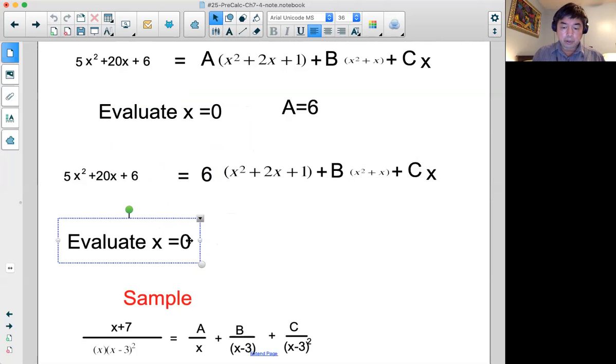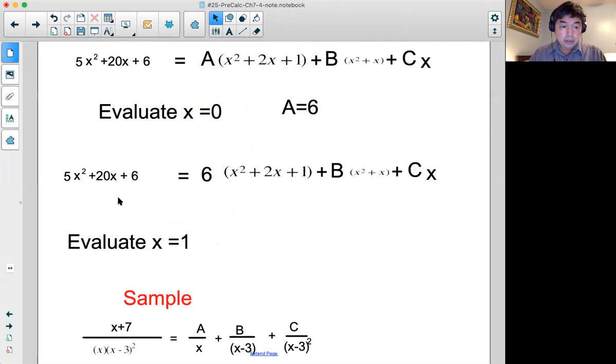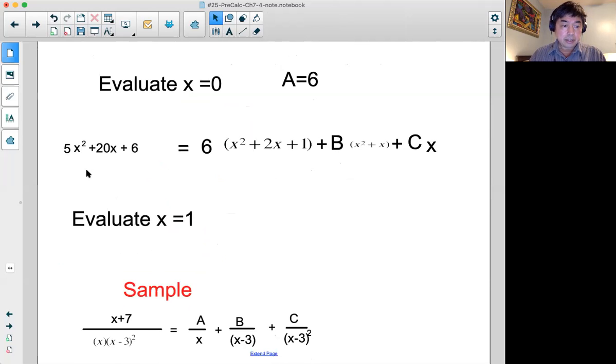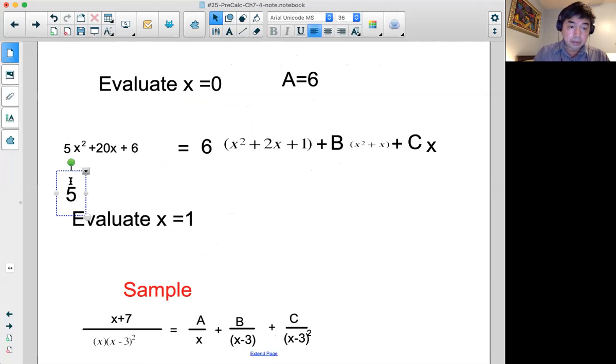X equal 1. So I do the mental math here. 5 times 1 is 5. 20 times 1 is 20, plus 6 here. Okay, I put the equal sign.